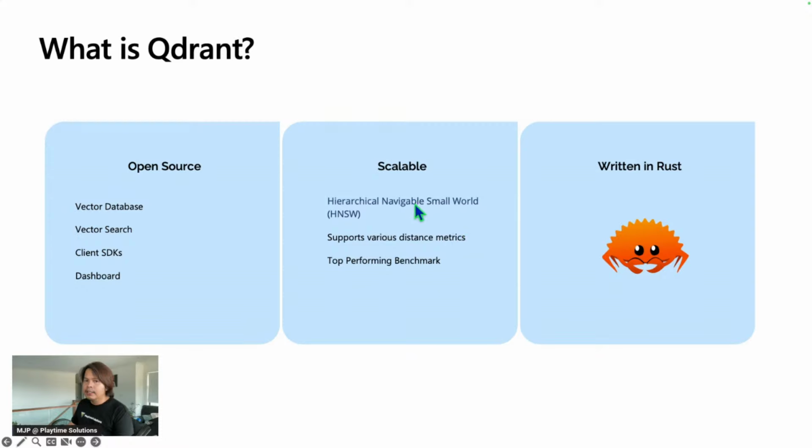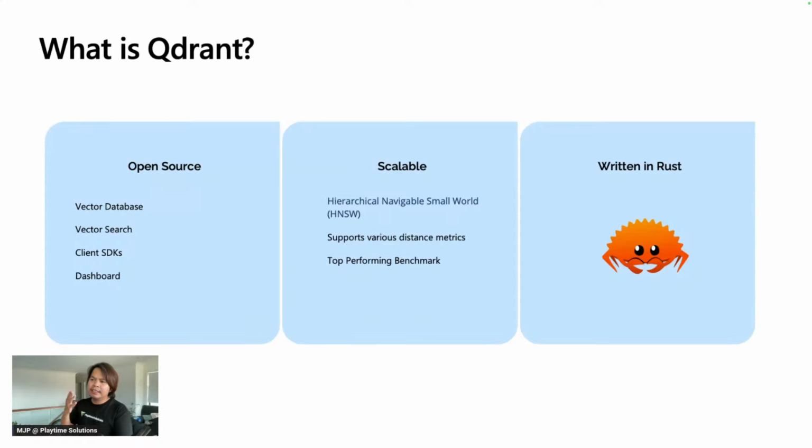Other technologies out there don't support this one yet. So that means it's going to be a bit challenging to perform really massive queries on billions of records. Quadrant also supports various distance metrics, things like cosine similarities, that AI search also supports.